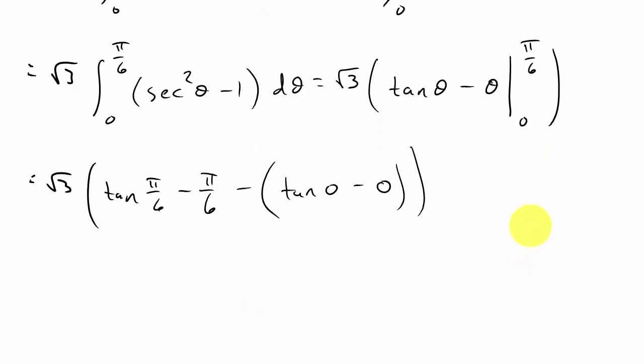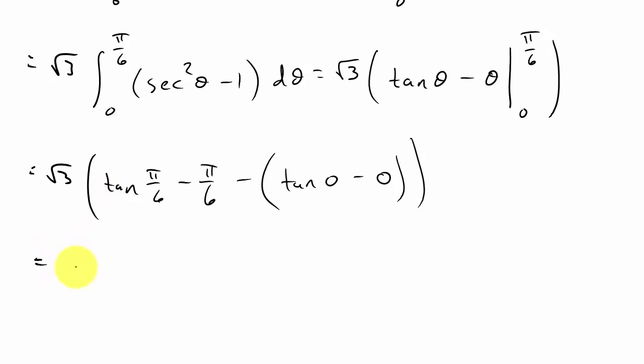Alright, now this is going to give us the square root of 3 times, now look at this, tangent of 0 is 0, and 0 minus 0 is 0, so all that is just 0, so we don't need that anymore. Alright, well what about this, tangent of pi over 6? Well, that's the same, that's tangent of 30 degrees, which is what, square root of 3 over 3 minus pi over 6.